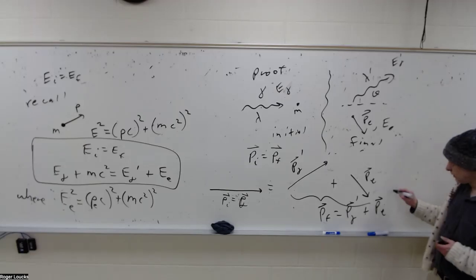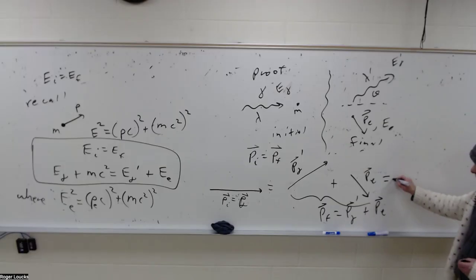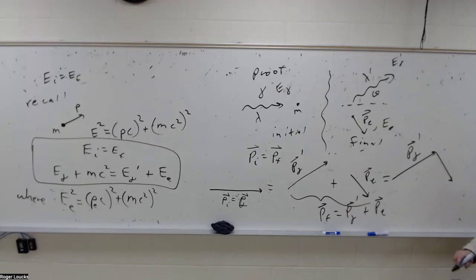Tip to tail. So if I were to do tip to tail from this, here's my P gamma prime. If I add these two together, I'd have my P final, which is this one. What does P final have to equal? Initial. That's equal to P initial, which is nothing but my buddy P gamma.